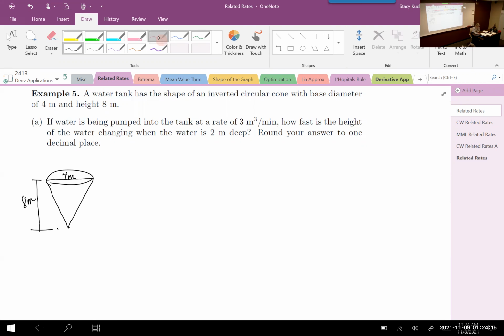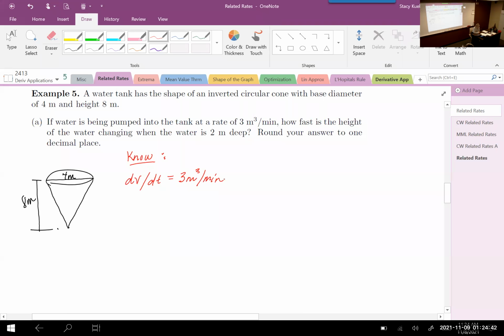So there's our figure. What do we know? Water's being pumped into the tank at a rate of 3 meters cubed per minute. What is that? dV/dt. That's 3 cubic meters per minute.